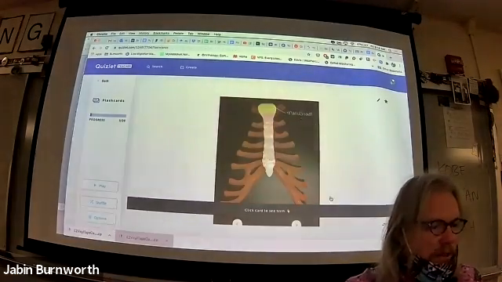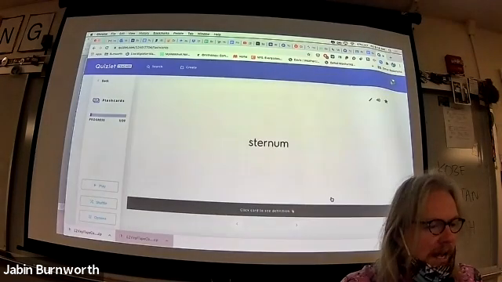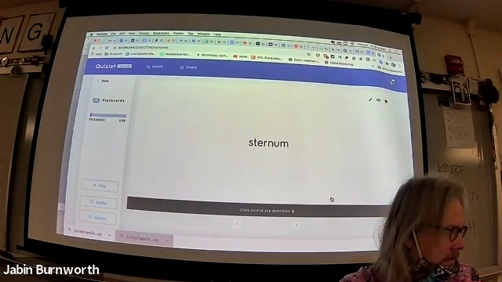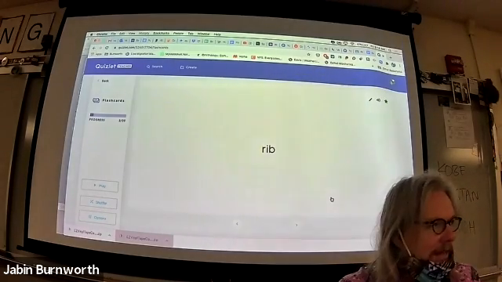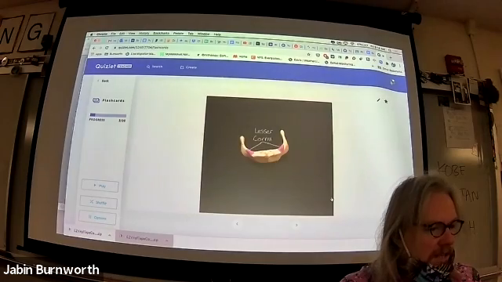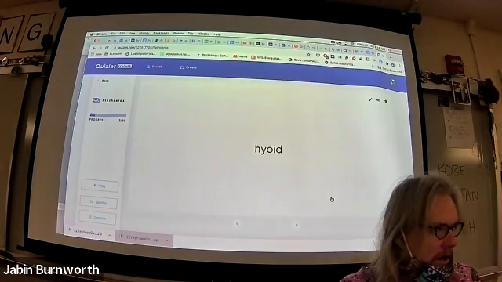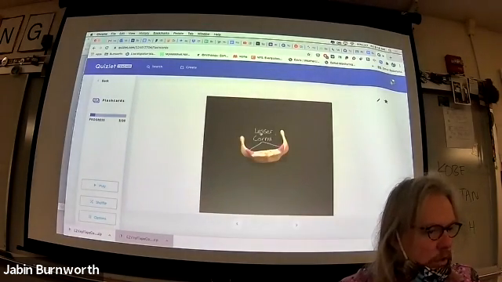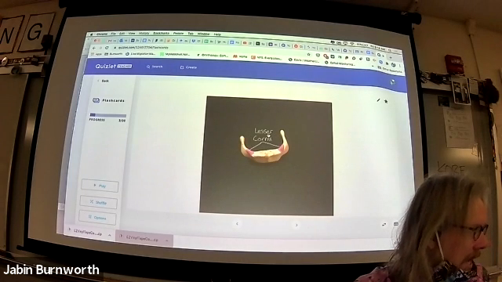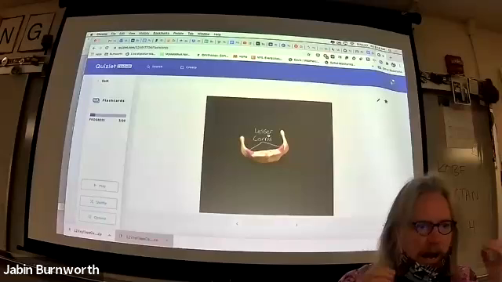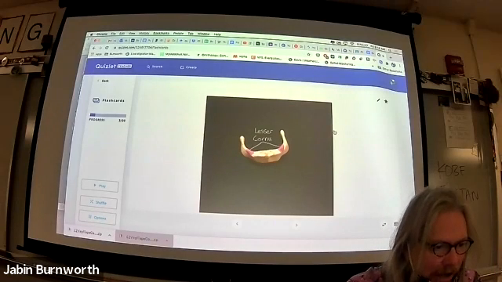Even though that says manubrium, you would match that up with the sternum. You all with me on this? The next one, even though that's the cartilage end, that's the rib. So that's the hyoid bone. It's got the lesser cornu on it, but you wouldn't study that part. You understand what I'm saying? I want to know that that's the hyoid bone.